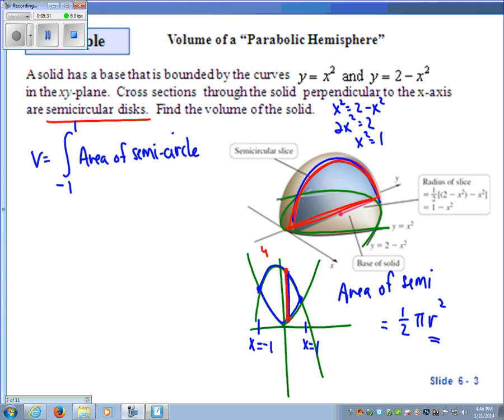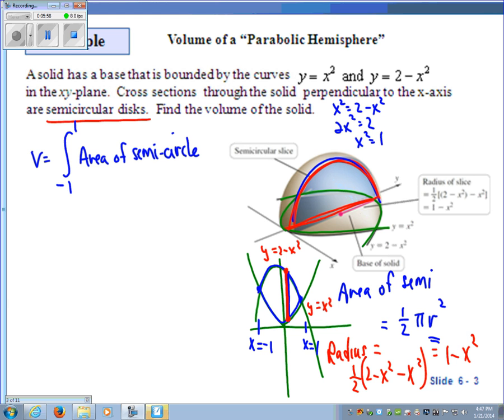Well, this top one is y equal to 2 minus x squared, and the lower one is y equal to x squared. So the radius is equal to half of 2 minus x squared, the upper bound, minus the lower boundary, which is x squared. So the radius then will just be 1 minus x squared.